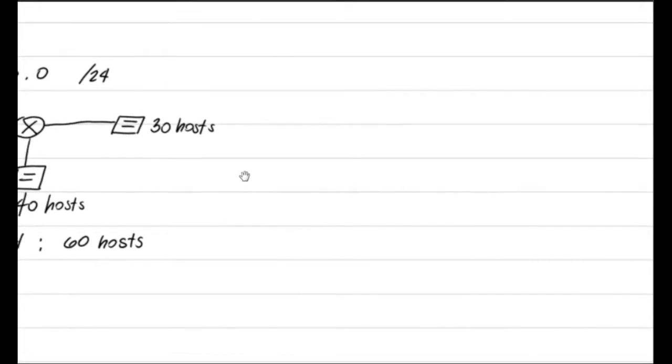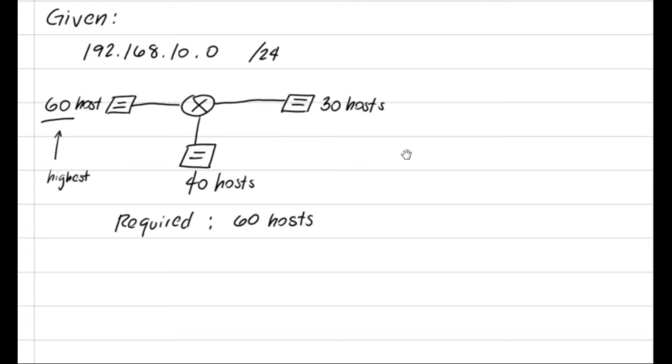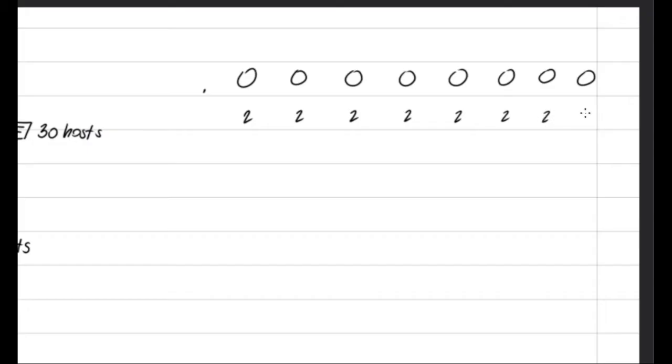Okay, so after we identified the highest host based on our given, we will create a table of the last octet. So we will draw 8 zeros, so that is our last octet. After that, we will write down our base. The base of the binary is 2. So we will start at the end. So 2 to the power of 0, 1, 2, 3, 4, 5, 6, and 7.